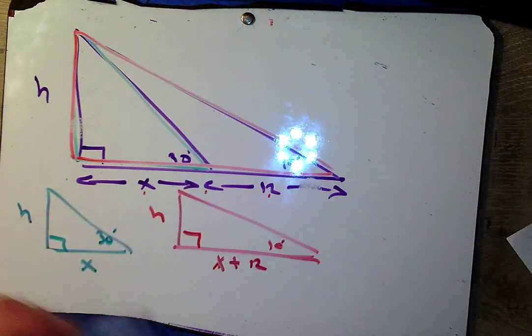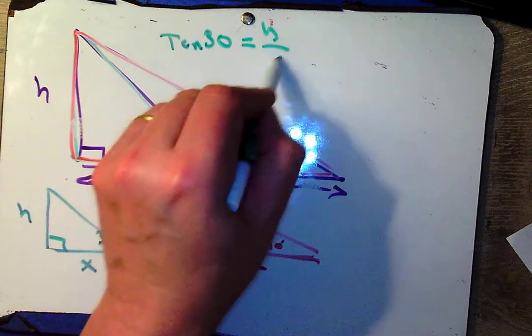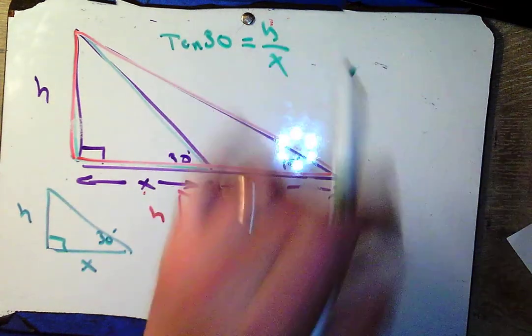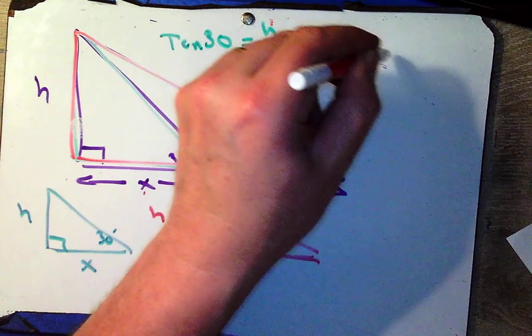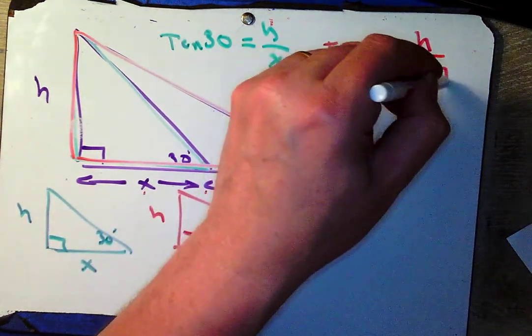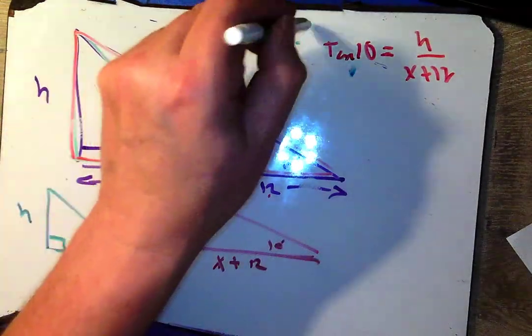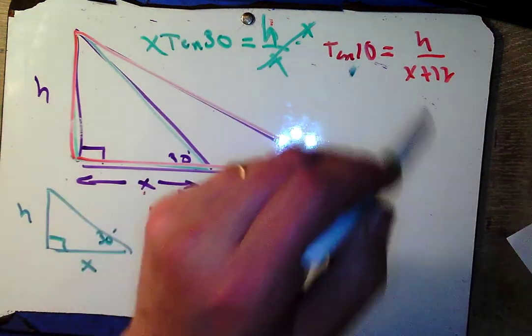So this is tangent 30 equals h over x. And here we have tangent 10 equals h over x plus 12. Okay, if I multiply both sides here by x, I get that h is x times tangent 30.